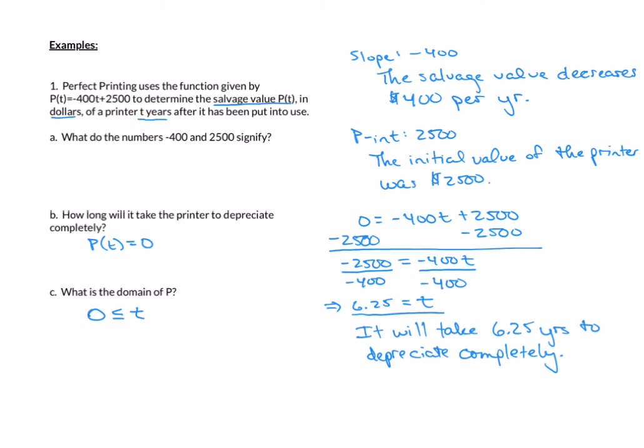If we go beyond 6.25, then the printer is actually going to be worth negative dollars, and you can't have something worth negative dollars. So we're going to use that number as part of our domain as well. We get our domain is t is going to be between 0 and 6.25 inclusive, meaning I want my greater than or equal to, my less than or equal to symbols. Okay, so that takes care of this example. Let's look at a couple more.